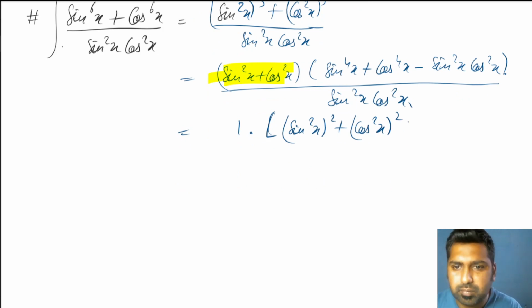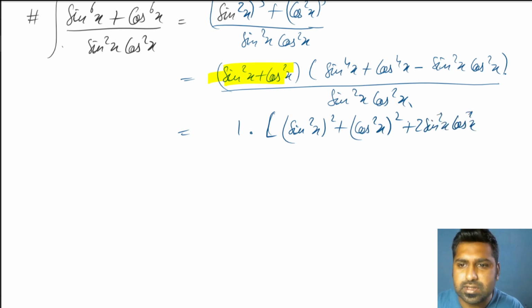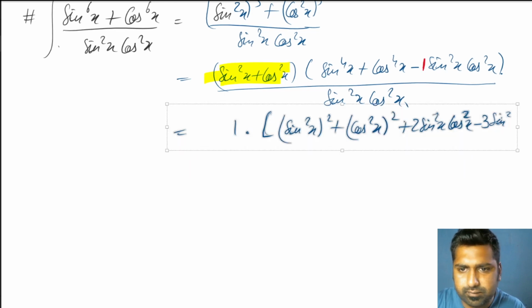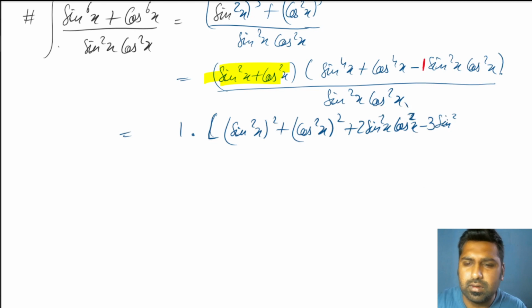If I write plus 2 sine square x cos square x, of course it's not present, but what if we write this? See, we need actually minus sine square x cos square x, so we'll have to subtract 3 sine square x cos square x.